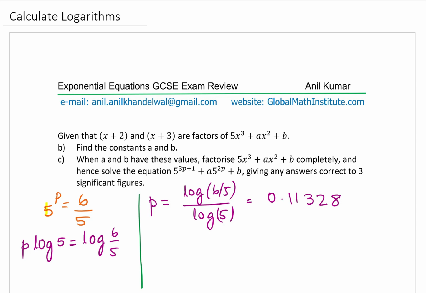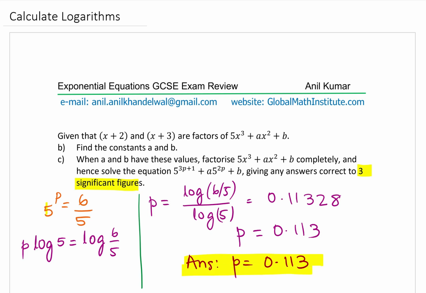So that is what we get the value of p as, and we need to write the answer to how many significant figures? 3 significant figures. So let's round it. So this is equal to 0.113, and that is the value of p. So the answer here is that p is equal to 0.113. Is that clear to you? So that is how we are going to answer this particular question.